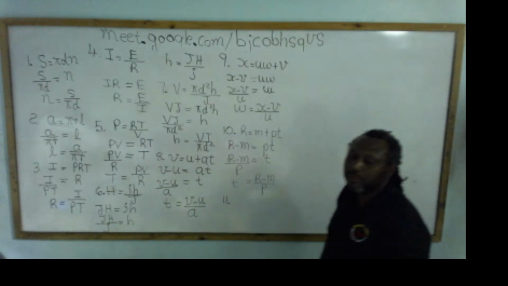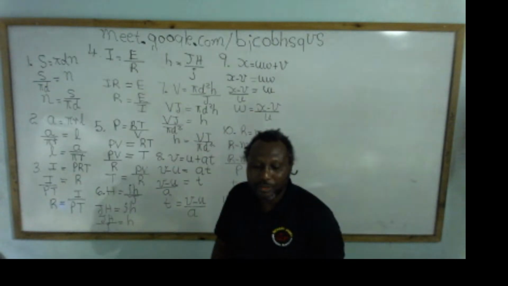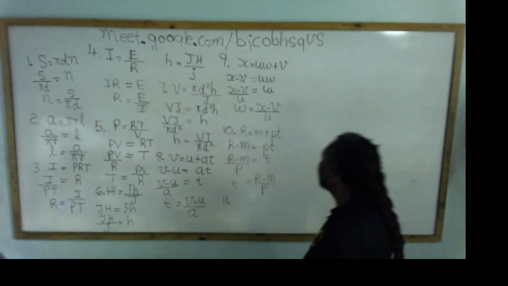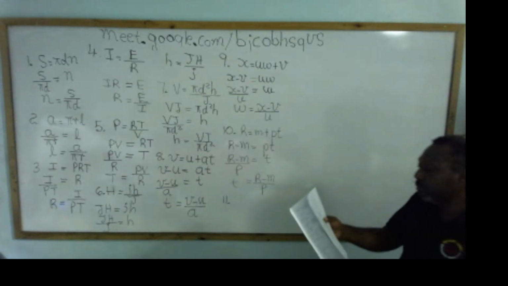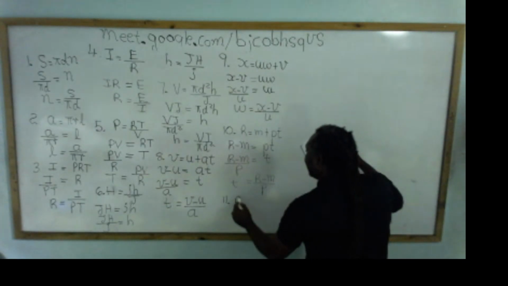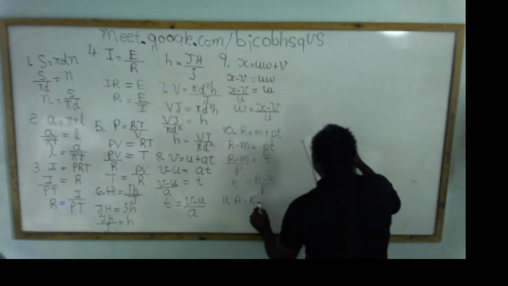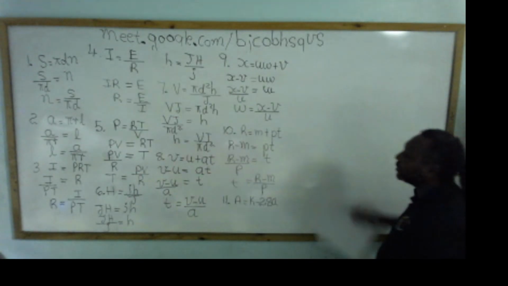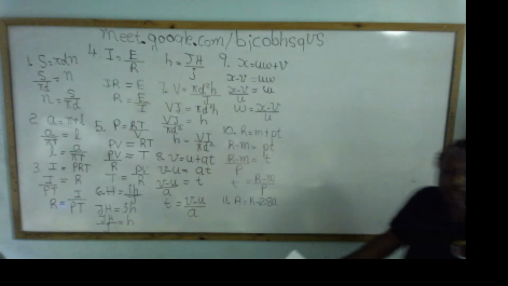But what do we notice? We notice that for number 11, the proposed subject, which is a, so let me write that: a is equal to k minus 2.8a. What do we notice? We have to notice something.